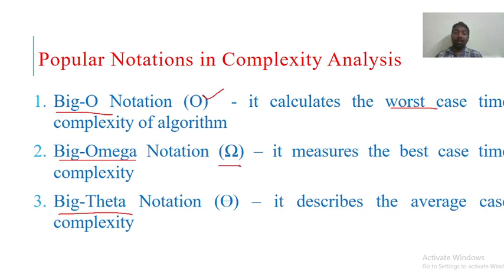Omega is used to measure the best case time complexity. Theta describes the average case complexity. So big O is used for the worst case, big omega for the best case, and big theta for the average case.